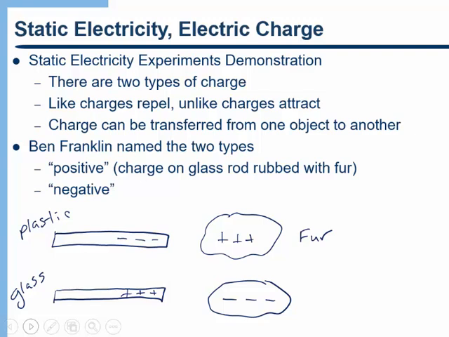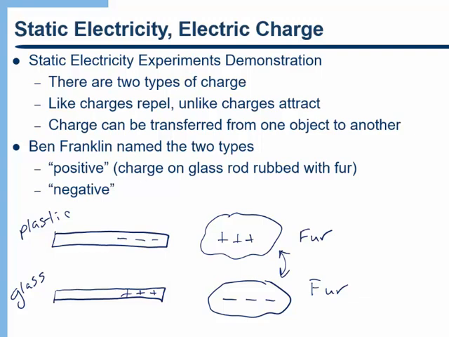So if I take the plastic rod and I charge it and I charge another plastic rod, I'll find they repel each other. Two charged glass rods would repel each other as well because it would be positive and positive. But the plastic rod that's been charged and the glass rod that's been charged will attract each other. By the way, if these were two different pieces of fur that I used here, I would notice that these would now attract each other.